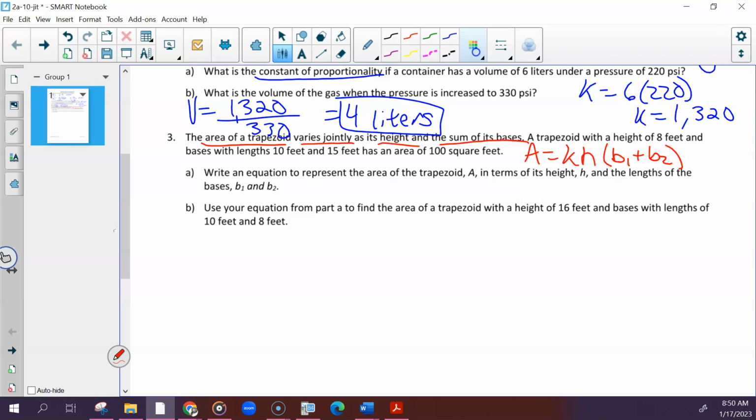Then it says a trapezoid with a height of 8, bases of 10 and 15 has an area of 100. So those are the numbers. Actually, what I just wrote was for A. We can use those numbers to find K. Let's see, 100 equals K times 8 times 10 plus 15.